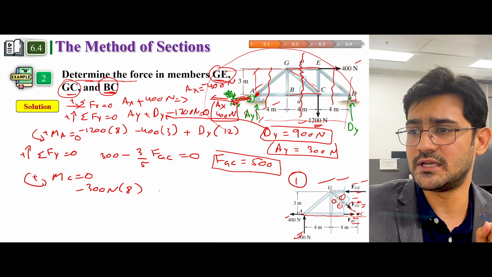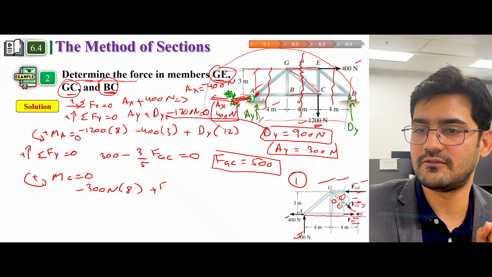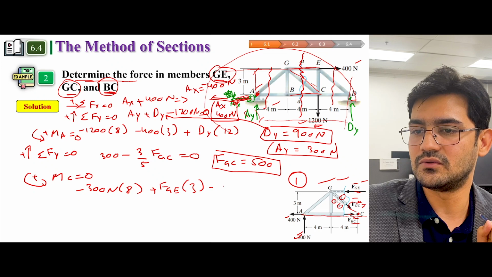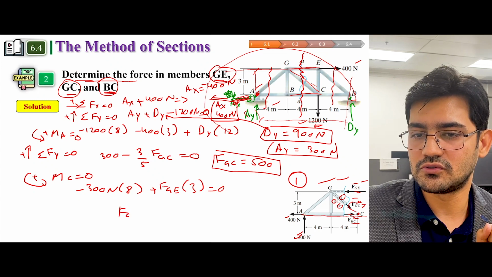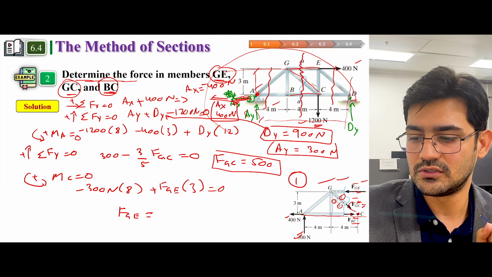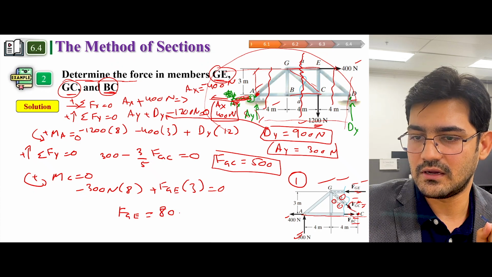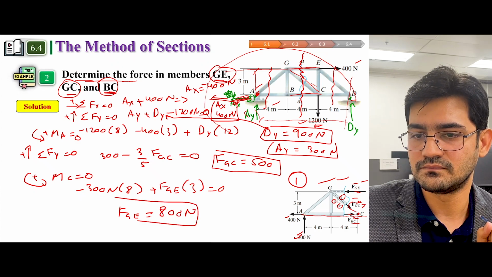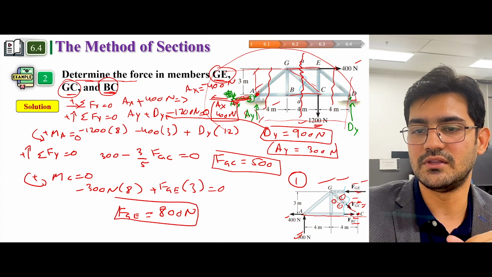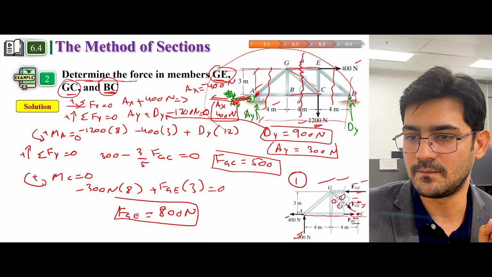And another force is anti-clockwise, positive FGE, and the distance is 3, equal to 0. If you solve this, you will get FGE equal to 800 Newton. 8 multiplied by 3 divided by 3, so it would be 100 into 8, 800 Newton.